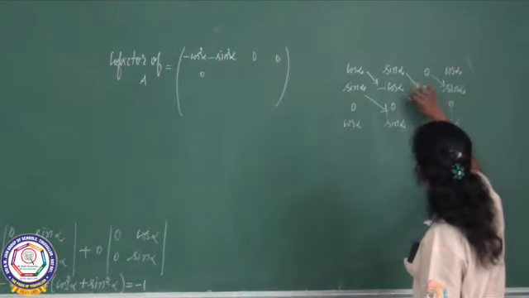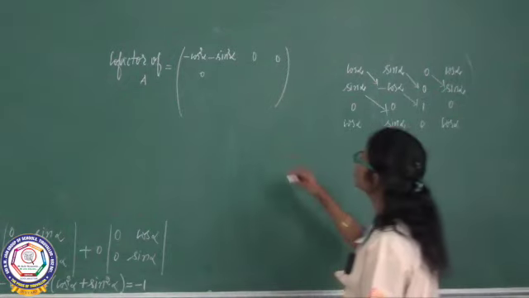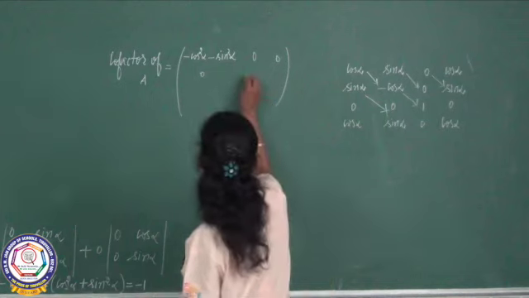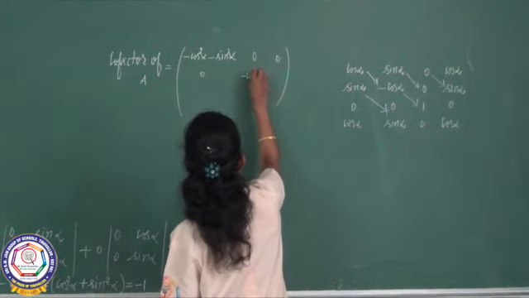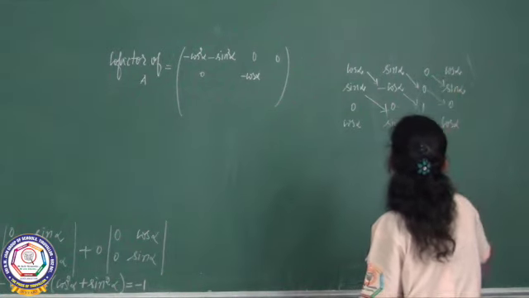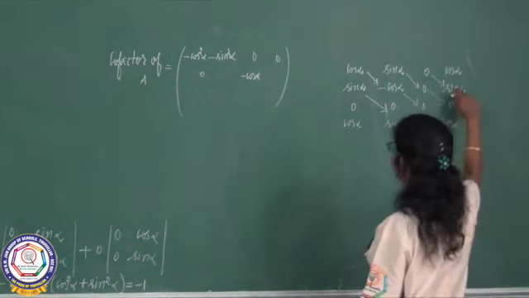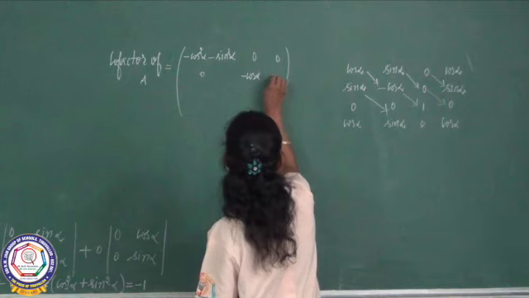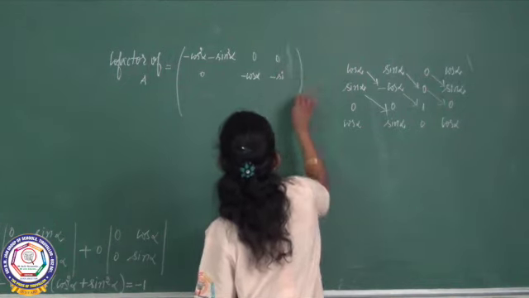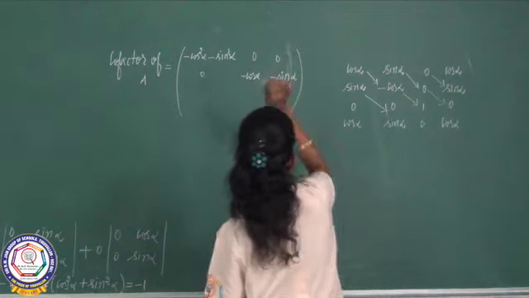Next, minus cos alpha minus 0 into 0, 0. So, directly you write minus cos alpha. Here 0 into 0, 0, minus sin alpha. 0 minus sin alpha, you can write as minus sin alpha.